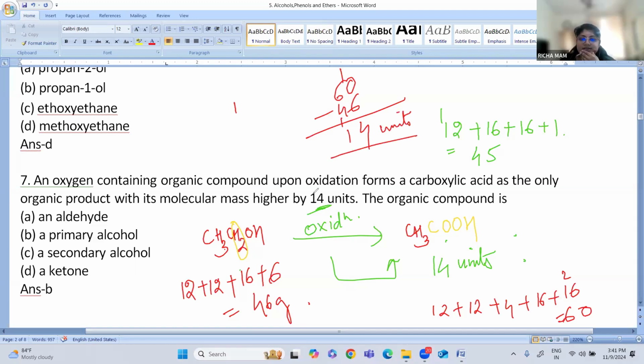So the mass is higher by 14 units. So this oxygen containing organic compound is an alcohol. The answer is primary alcohol. When you do oxidation, you get a carboxylic acid with mass higher by 14 units. So answer number B.